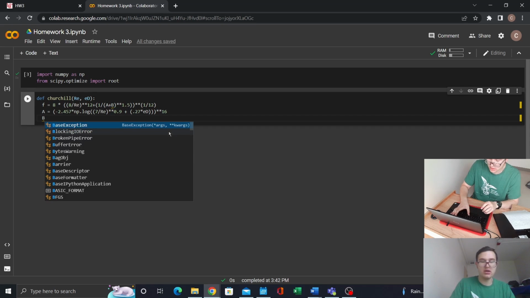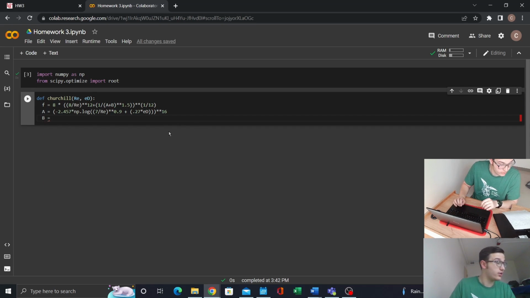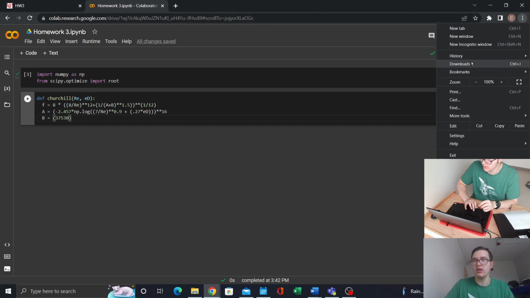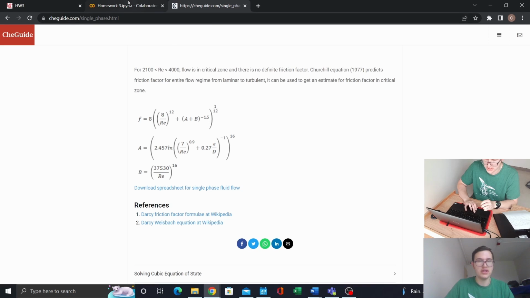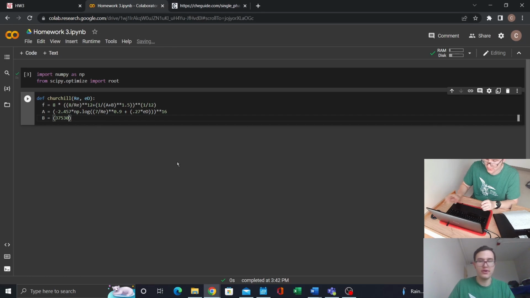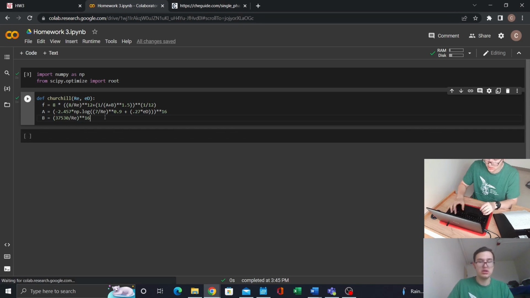And then we have B. B is equal to 37,530, I believe. Let me double check that. Yes, 37,530 divided by the Reynolds number to the 16th power. Good.